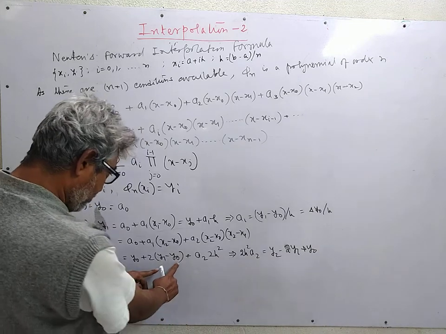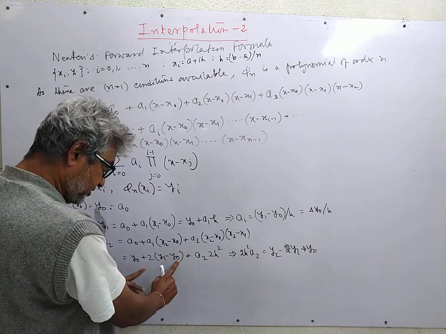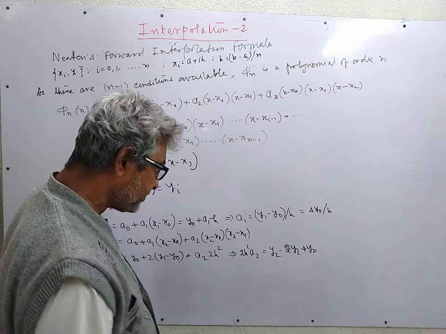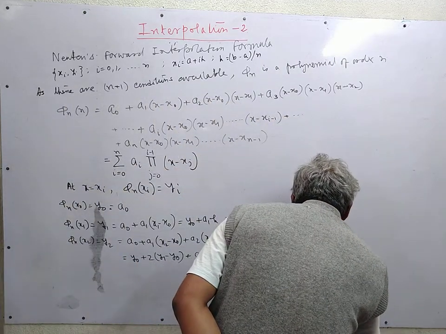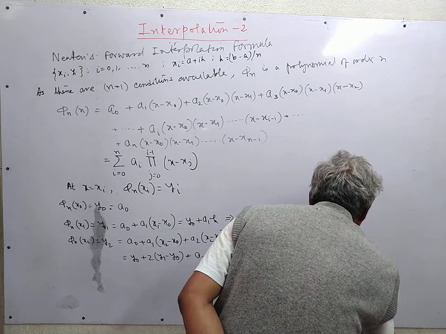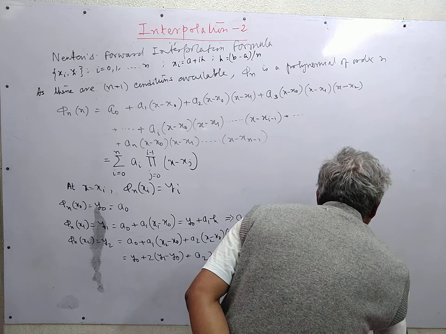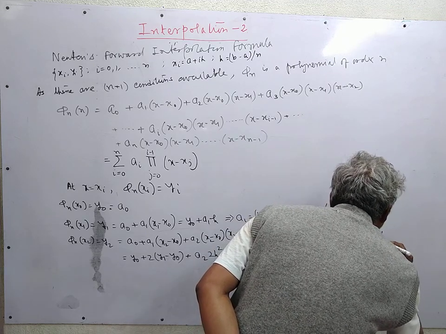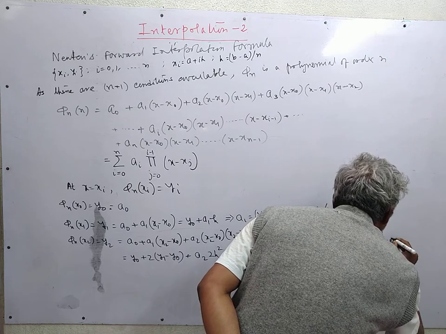This is minus 2y0, this is plus y0, so this is minus y0. When it is taken to the other side, it becomes positive. This is delta 2 of y0, which gives us a2 is equal to delta 2 y0 divided by factorial 2 h square.